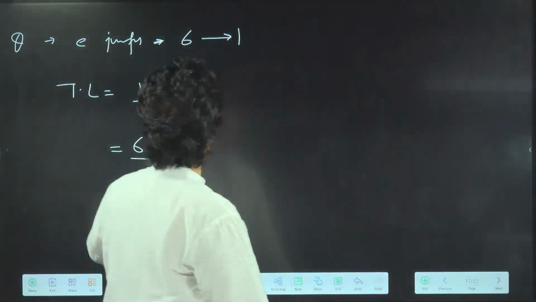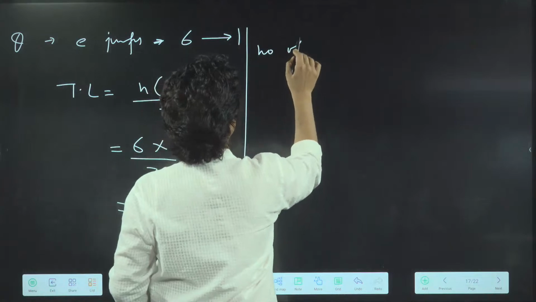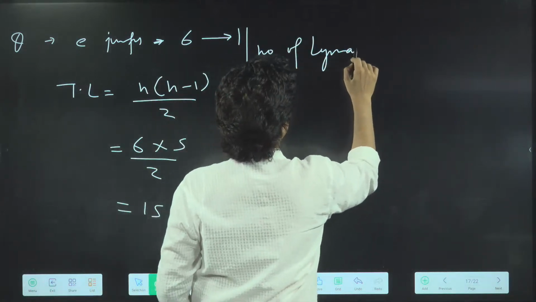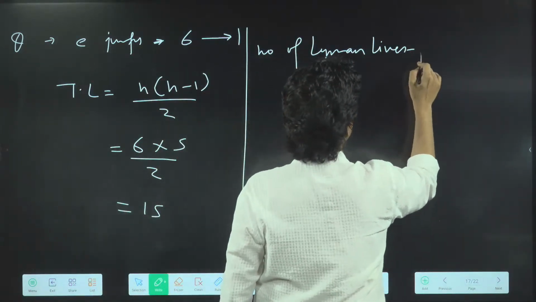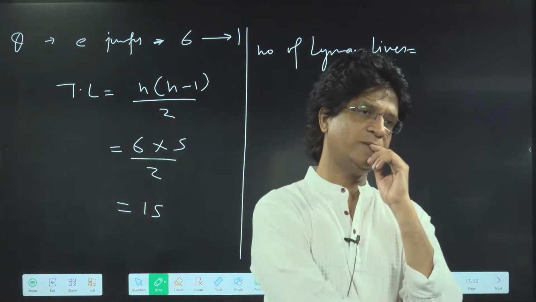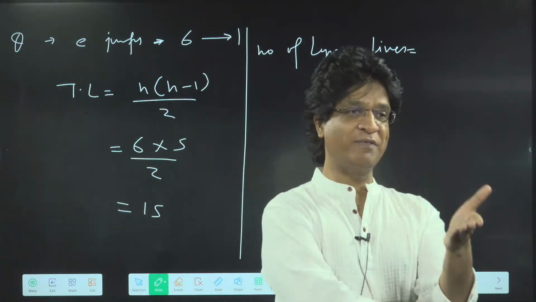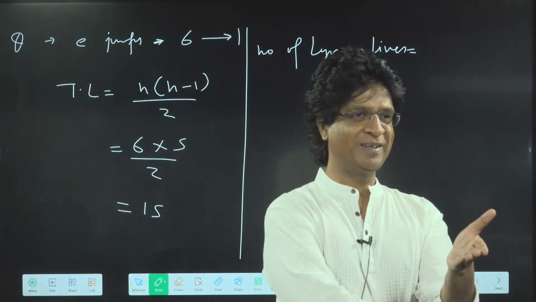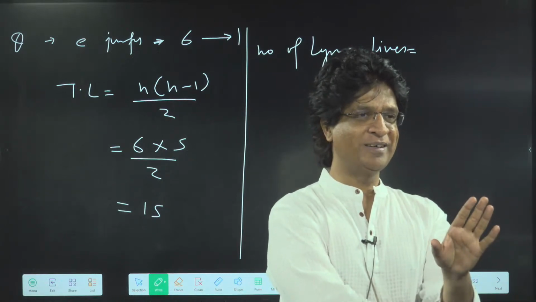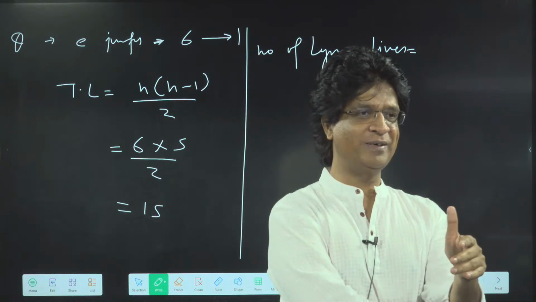Now in the same question, tell me the number of Lyman lines. Ananya, very good. No, Srinu, no. Sahiti, very good.